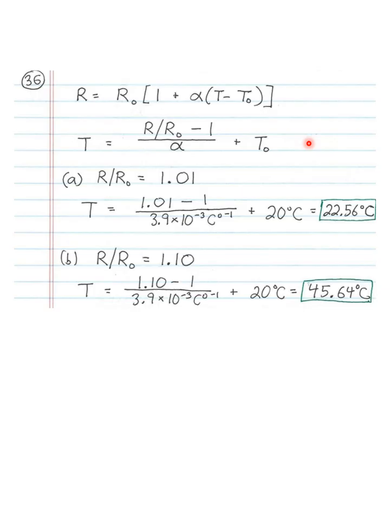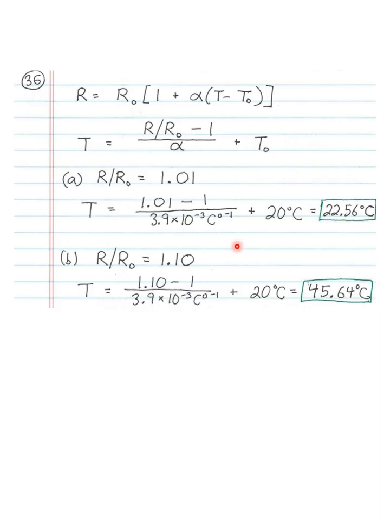And we're going to plug in for part A. It says that the resistance is raised by 1%. So we can think of that as the ratio of R over R naught is 1.01, which is 101%. So we're going to plug in that ratio, 1.01, into the equation. We're going to need the alpha, the coefficient for platinum, which is 3.9 times 10 to the negative 3 per Celsius degree.